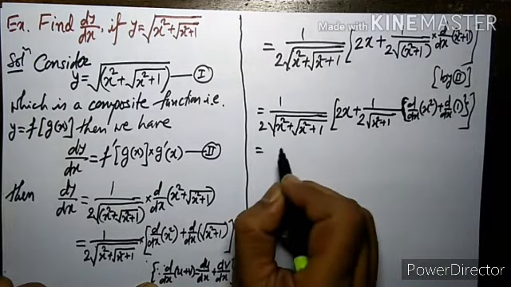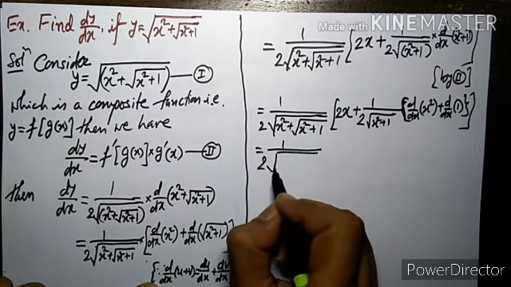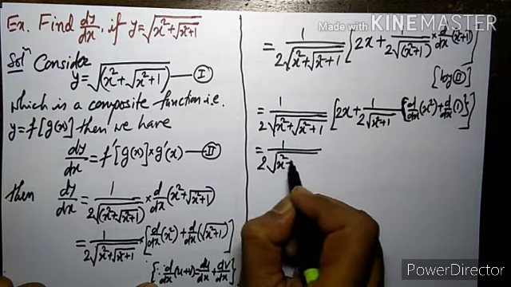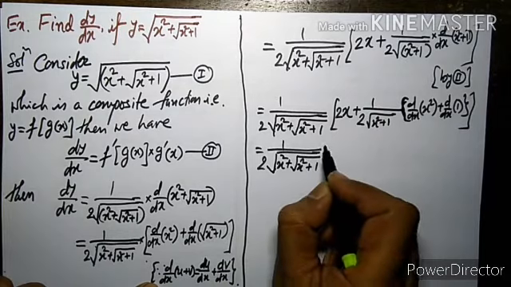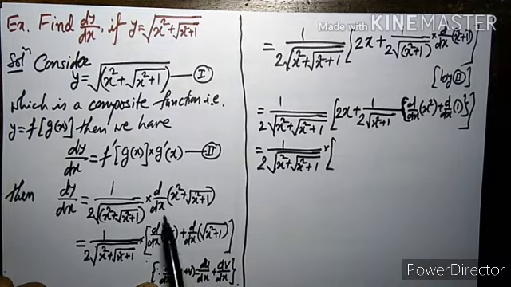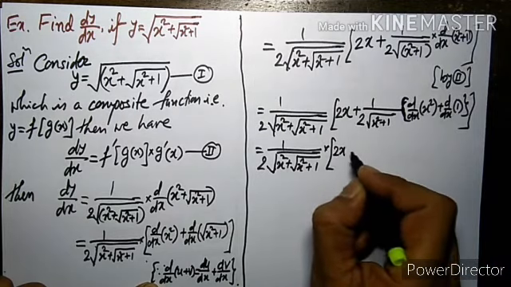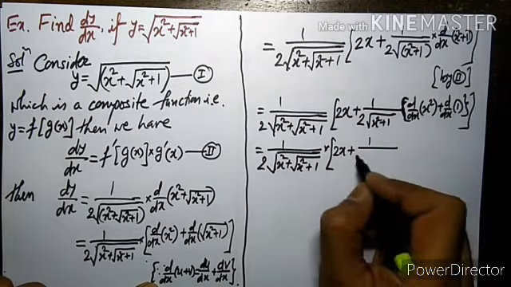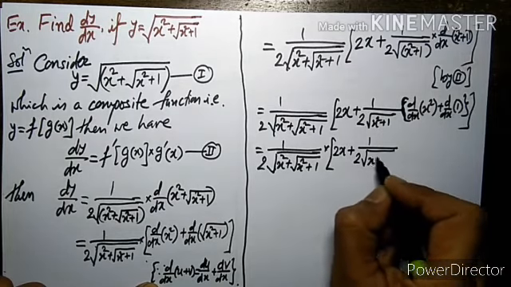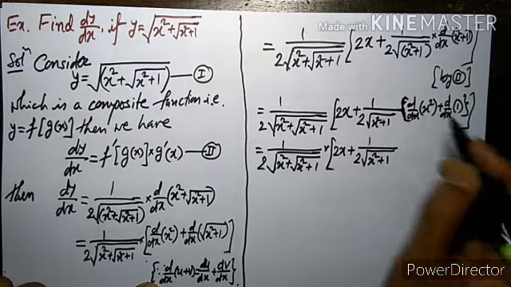which is equal to 1 upon, the first part as it is, 2 under root x square plus root of x square plus 1, the first part as it is, into, now we are simplifying the second part inside this bracket, no change in the first term, plus 2x upon 2 root x square plus 1, just we are simplifying this curly bracket only.